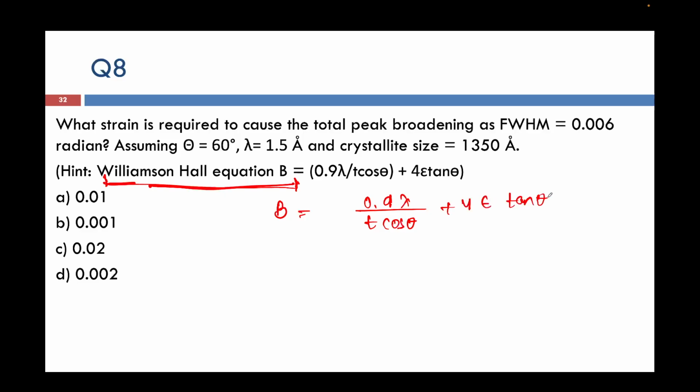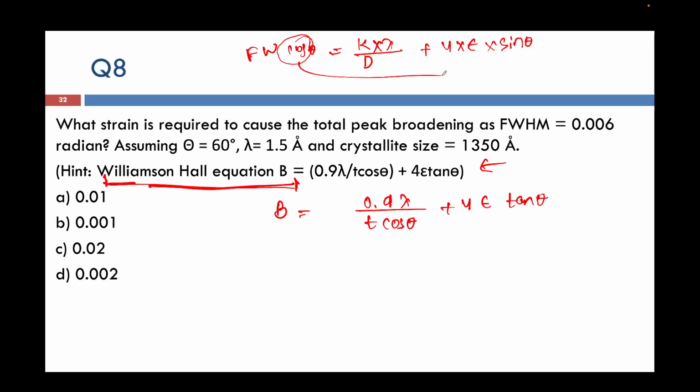Why did I say that this is the Williamson-Hall equation? Fw cos theta is equal to K into lambda by D plus 4 into strain into sine theta. I have written it like this, but how is this the Williamson-Hall equation?